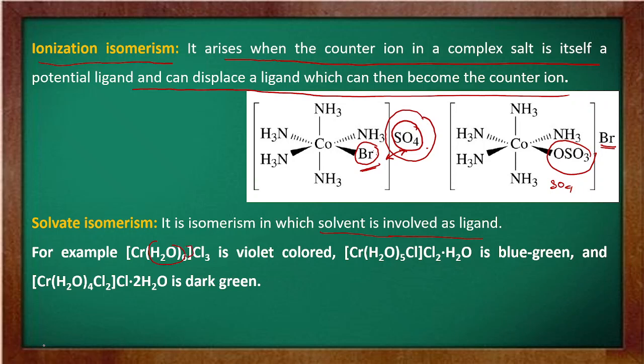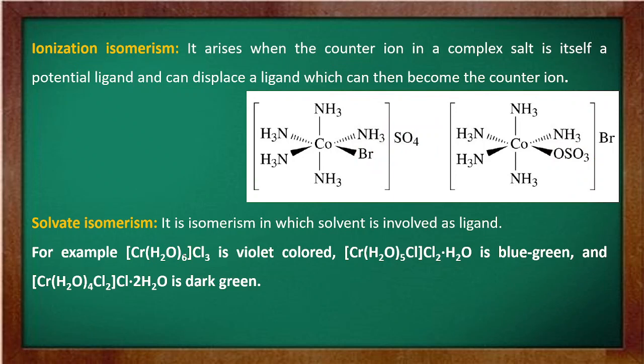अंदर है. यहाँ फिलहाल यह इनसाइड द ब्रैकेट है where you can see that 6 molecules of water are there, and this is violet in color. Next is chromium water 5 Cl2.H2O, meaning one H2O has come out. This is bluish green, and here 4 are present inside and 2 outside.